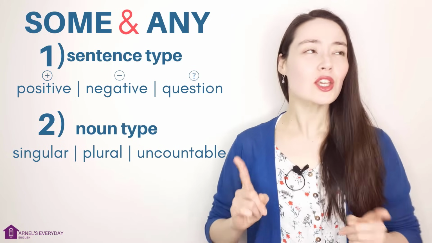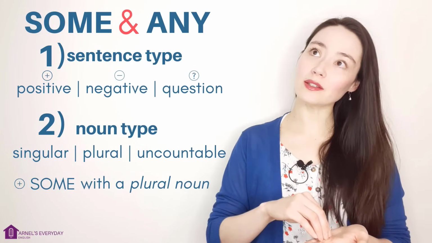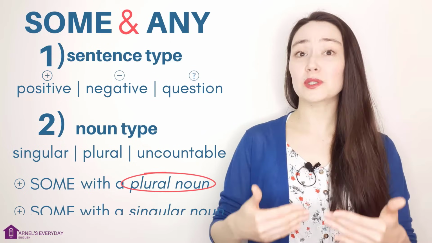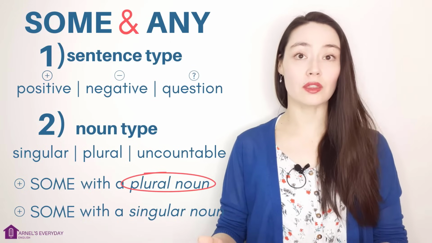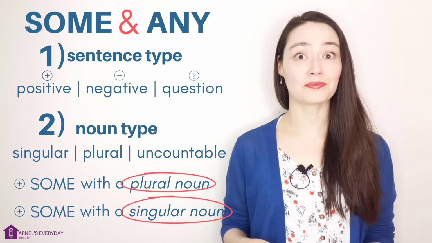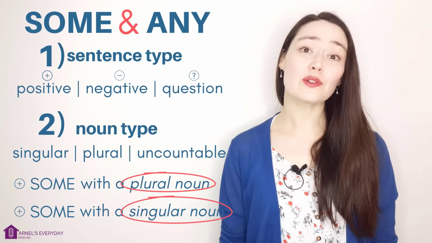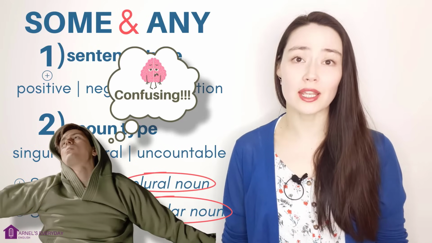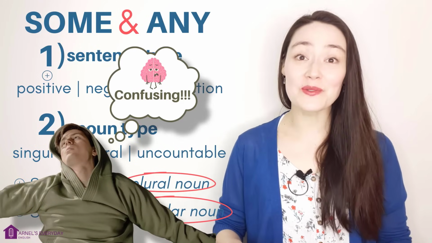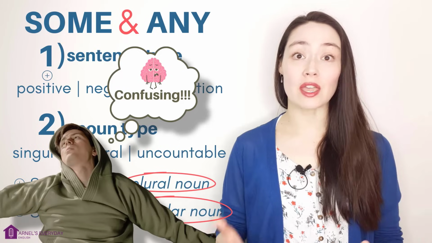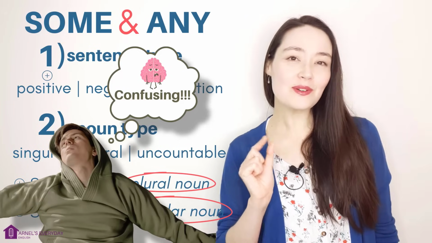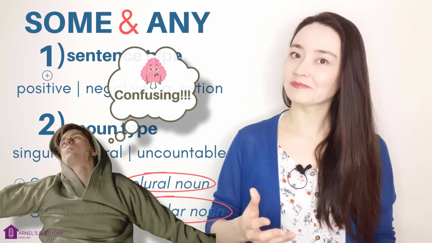For example, using some in a positive sentence with a plural noun is completely different from using some in a positive sentence with a singular noun. If you're thinking, this is so confusing already, don't worry. We are going to do everything step by step, beginning with a mini review of nouns.